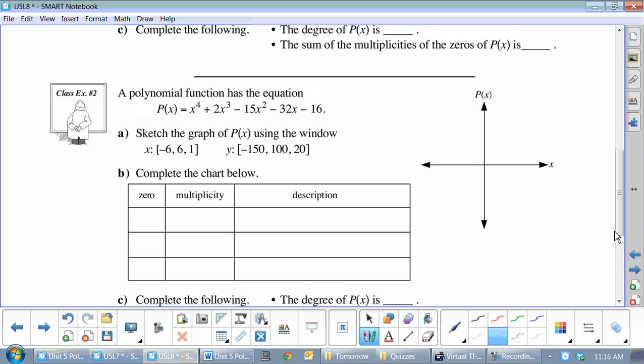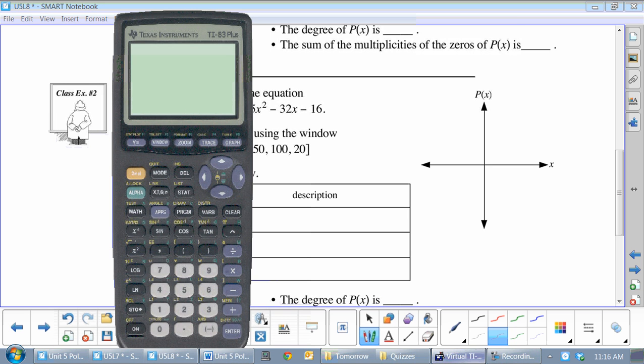Okay, so I want everybody just to put that into their graphing calculator. And you see the window settings here. That's why mine were all messed up last time, because I used these. So I want you to put these window settings in after you, or before, it doesn't matter. Okay, so let's put in x to the fourth plus 2x cubed minus 15x squared minus 32x minus 16.